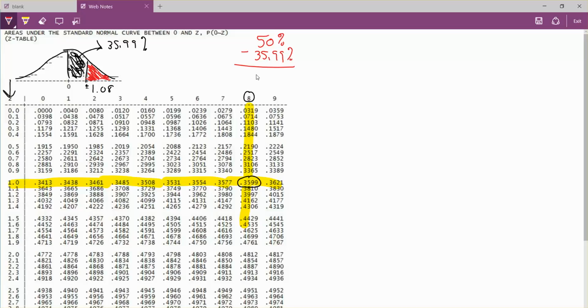And so that's going to give me 14% as my answer. So approximately 14% of my students will earn 90 or better on exam 1, at least if in the future exam 1 scores follow a normal distribution.